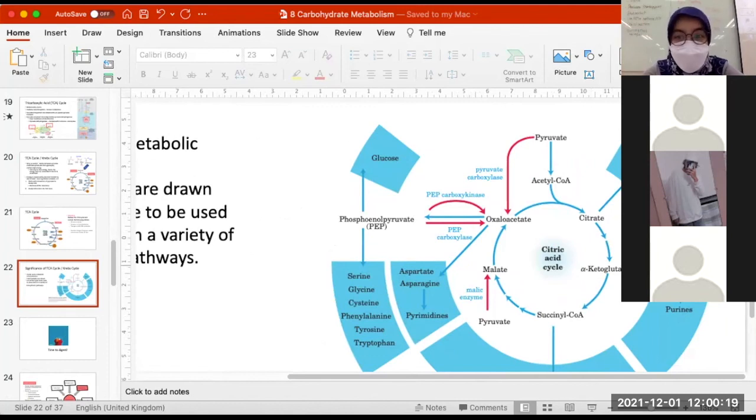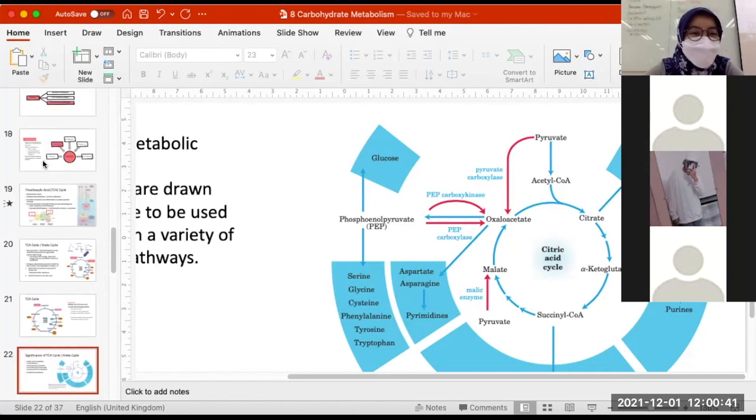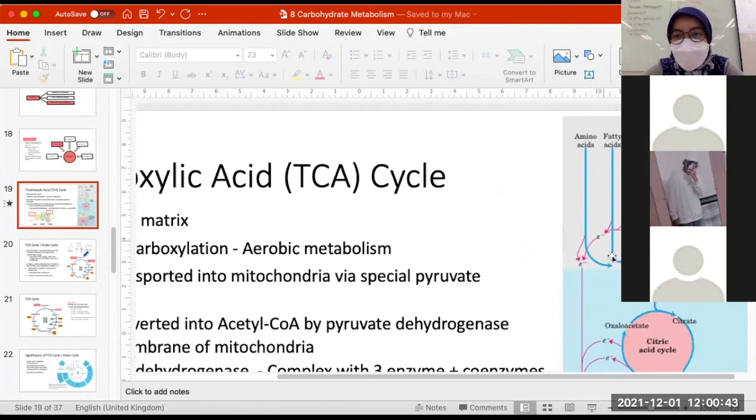Glutamate can turn back into alpha ketoglutarate and enter the TCA cycle, and this TCA cycle can reverse back into acetyl-CoA and pyruvate. That's how from amino acid it reverses back to pyruvate and goes up this pathway of glycolysis, and turns into glucose.